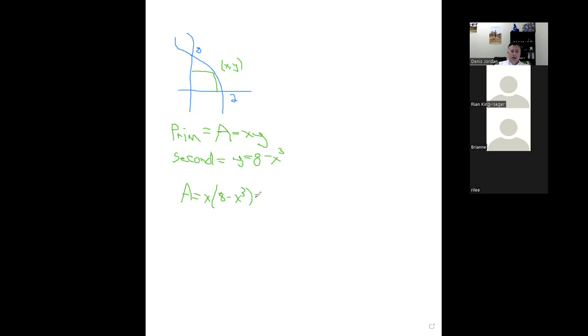And then I would just expand it out. So 8x minus x to the fourth. And now that it's all in terms of x, then you can get your derivative.